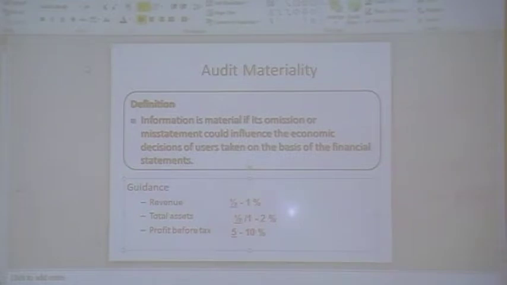It's best illustrated by example. If you have €1,000, a decision to make a purchase worth 900 would be significant. 900 would be material to you. You consider the purchase very carefully because it would involve spending 90% of your cash and you only have 100 left. Contrast that with a decision to make a purchase worth 900 if you had 10 million.